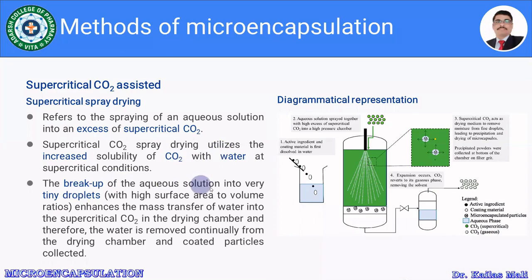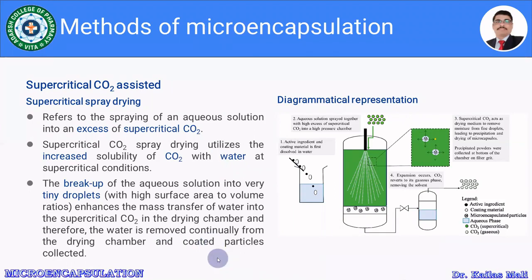The breakup of the aqueous solution into very tiny droplets with a high surface area to volume ratio enhances the mass transfer of water into the supercritical carbon dioxide in the drying chamber, and therefore the water is removed continuously from the drying chamber, and we get the coated particles, which are collected at the bottom, right?